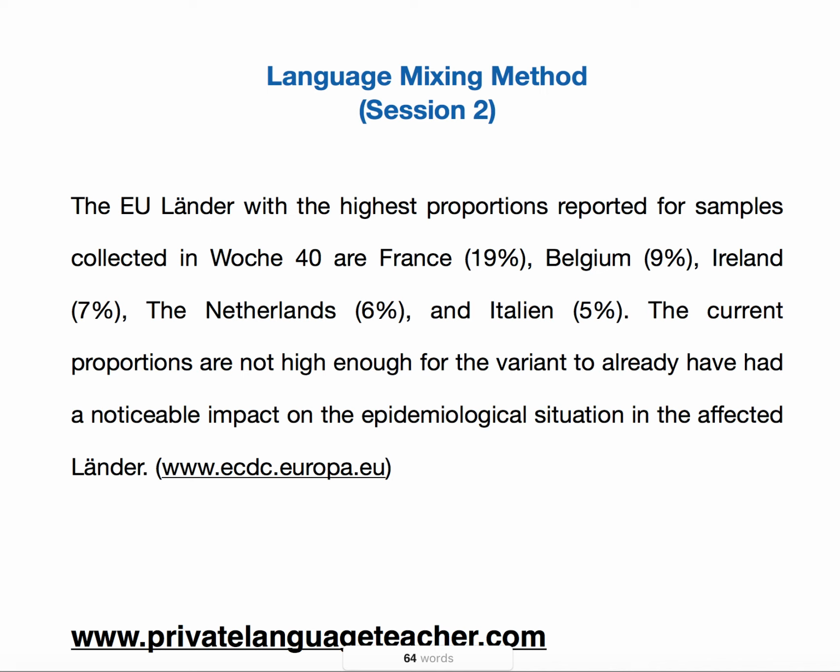The EU Länder with the highest proportions reported for samples collected in Woche 40 are France 19%, Belgium 9%, Ireland 7%, the Netherlands 6%, and Italian 5%. The current proportions are not high enough for the variant to already have had a noticeable impact on the epidemiological situation in the affected Länder.